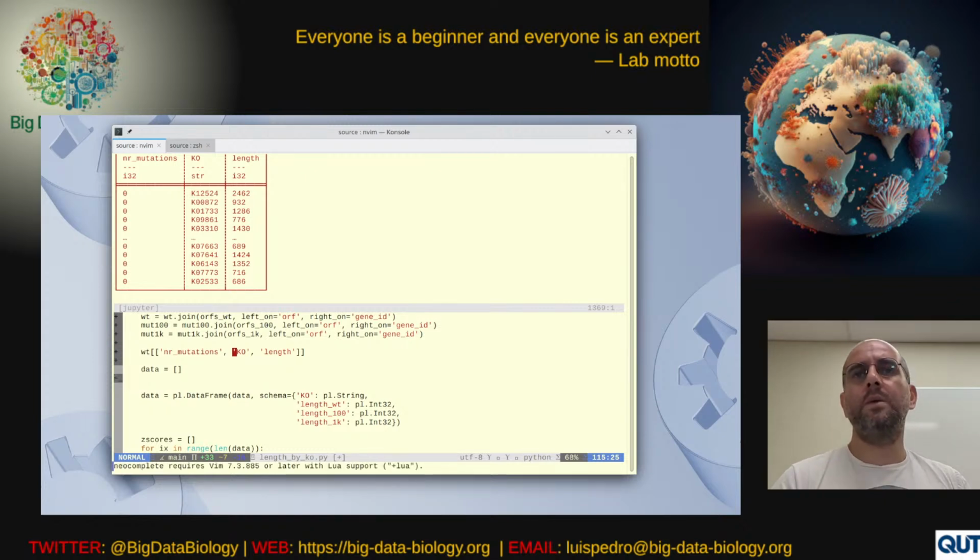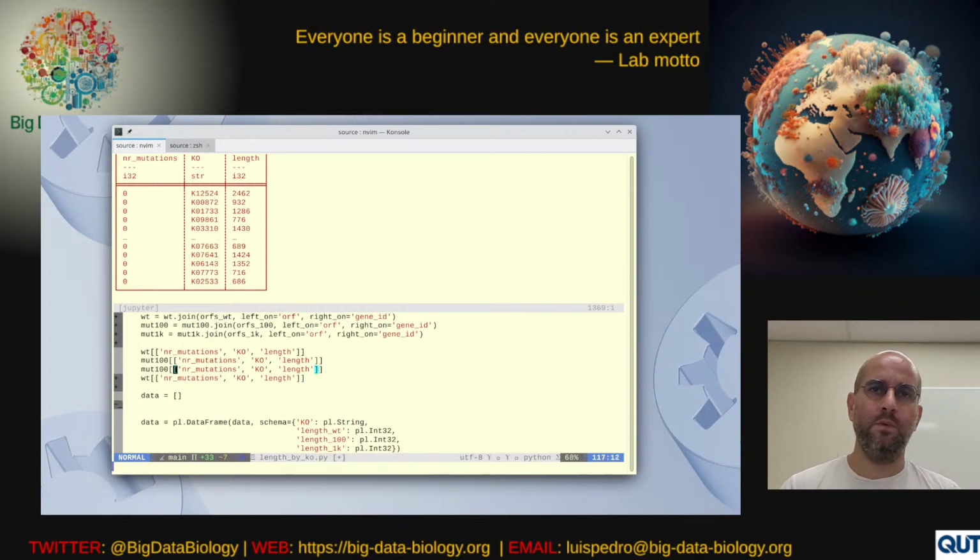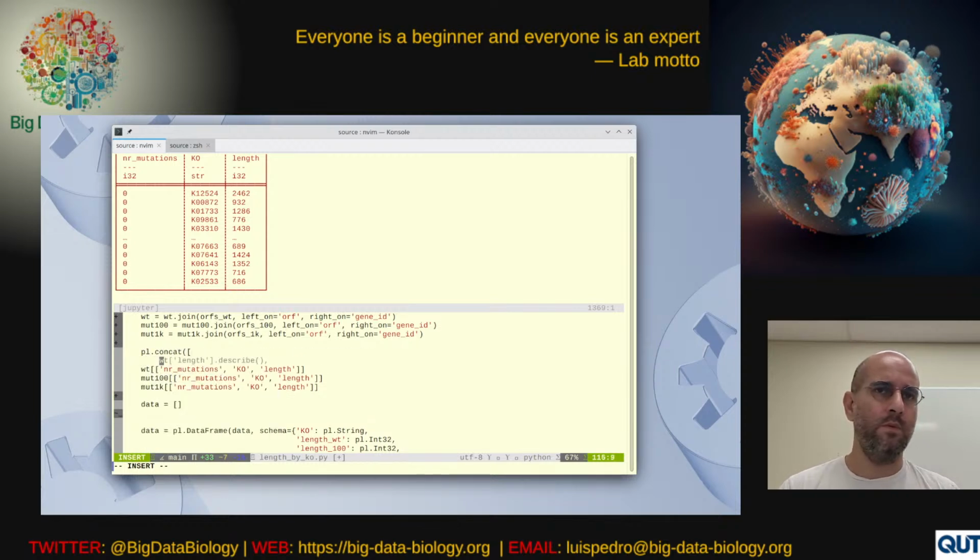Okay, we can do something like this, right? Number of mutations, KO, the length. So if we do this.